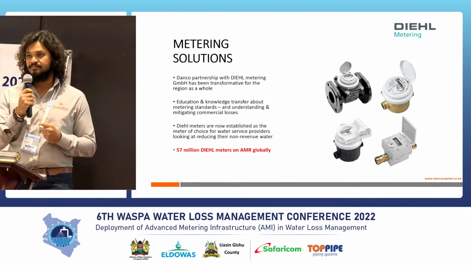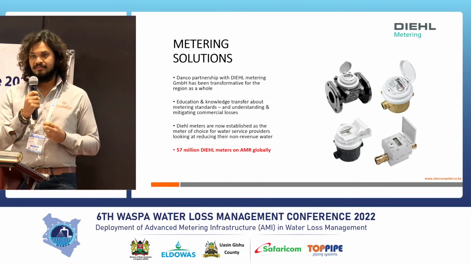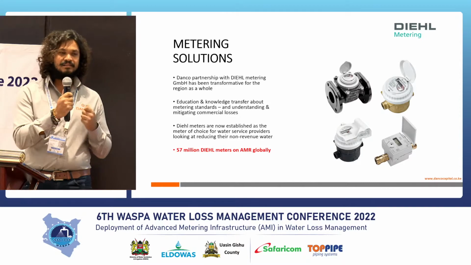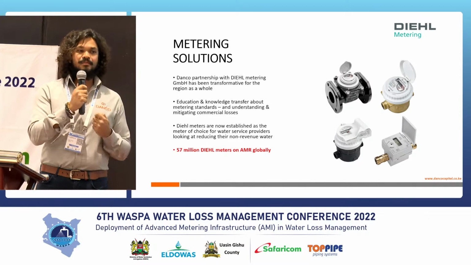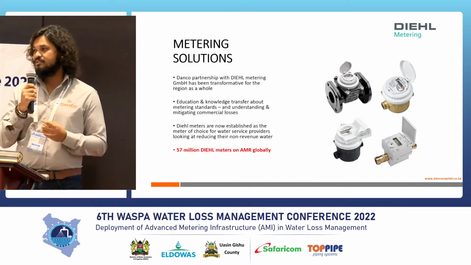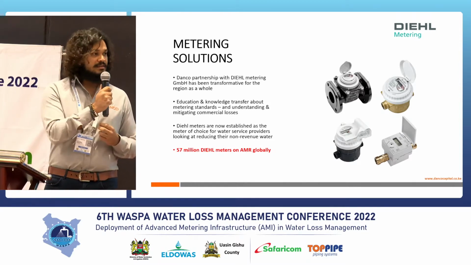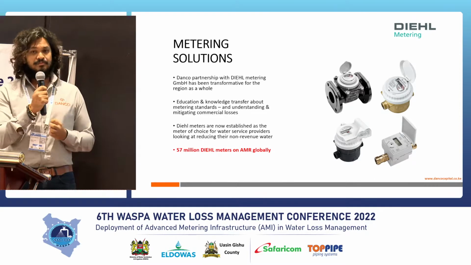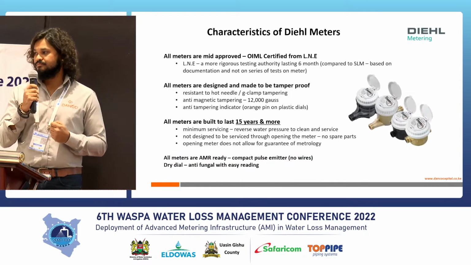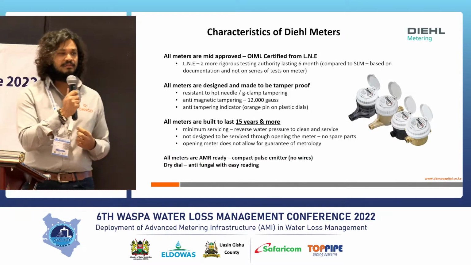I mean, that's immense, right? 57 million consumers are on a smart network and being managed by water utilities. And that is no small feat. Deal Metering have been doing this for more than 25 years. So it's very powerful stuff.